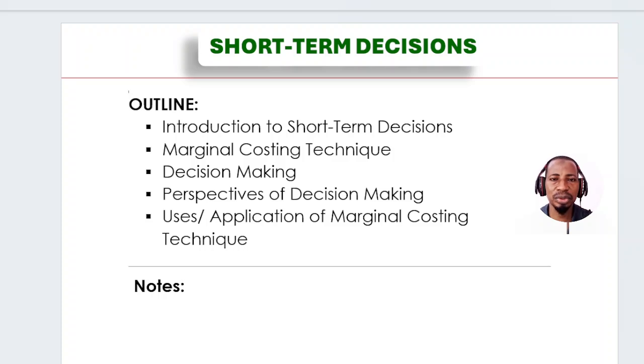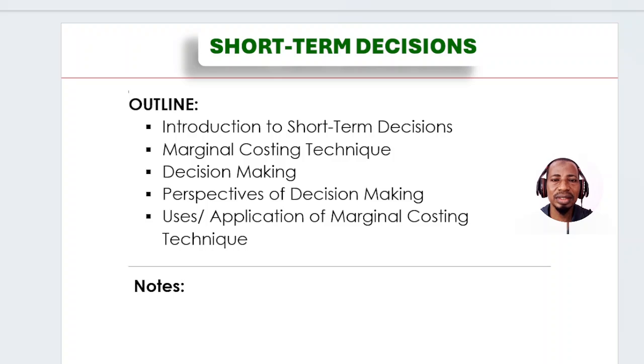For this purpose, we can say marginal costing technique involves the process of comparing the benefits or cash inflow arising from a course of action with its associated relevant cost.